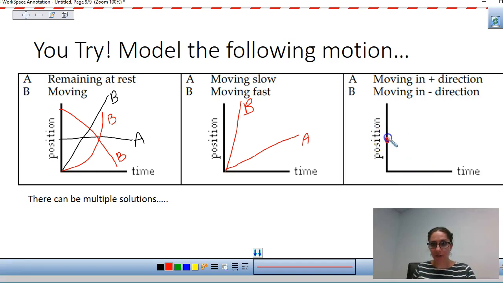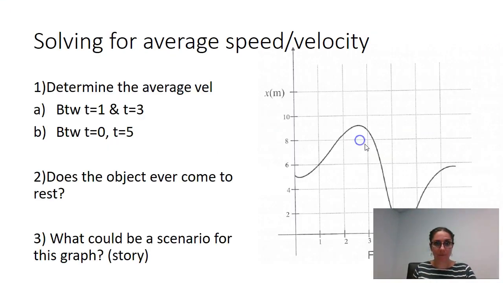I could start here and do this. This just means my initial position is no longer 0. And same thing, I can start here and do this from the negative direction. Although you're like, what does this mean? Not only am I going backwards, but I'm going behind where I started. So these are options too that you can use.